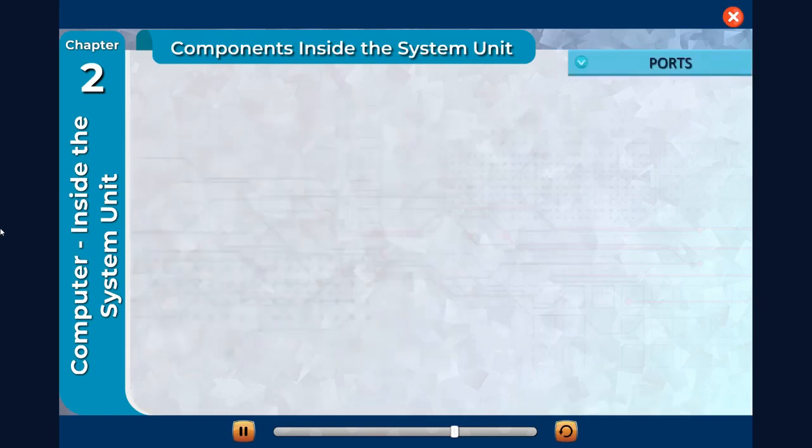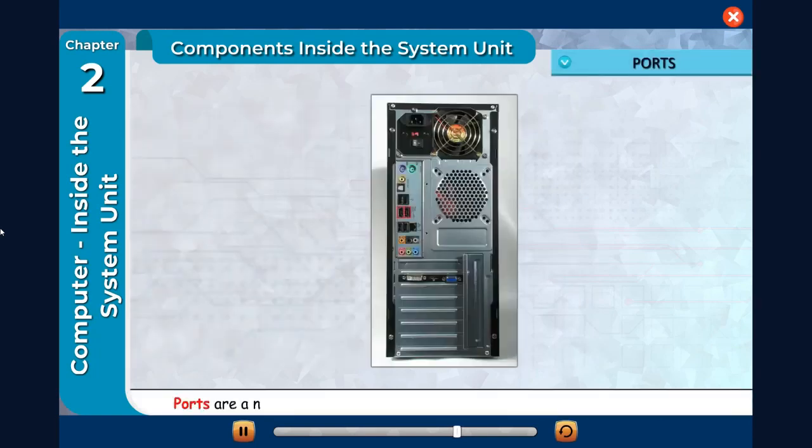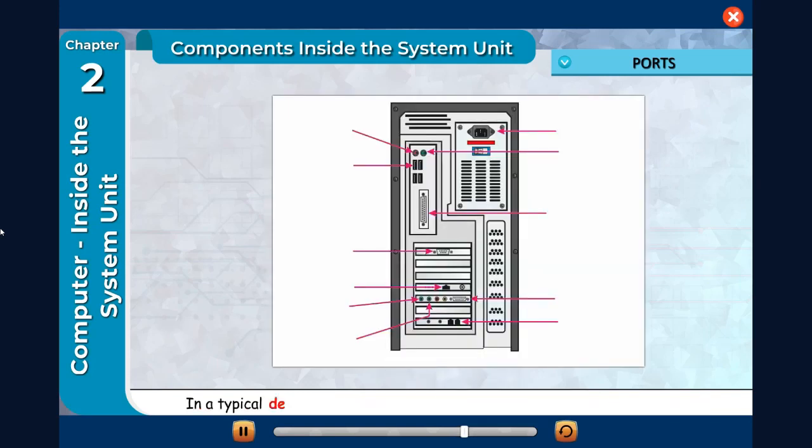In a typical desktop computer, the back of the system unit contains ports. In a laptop, these ports are on the sides.